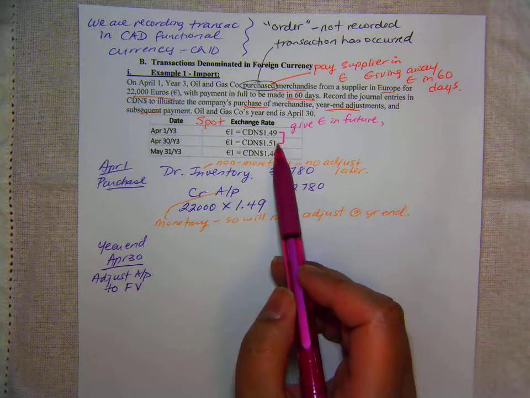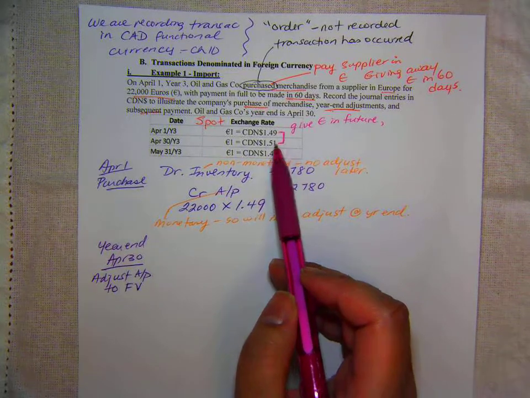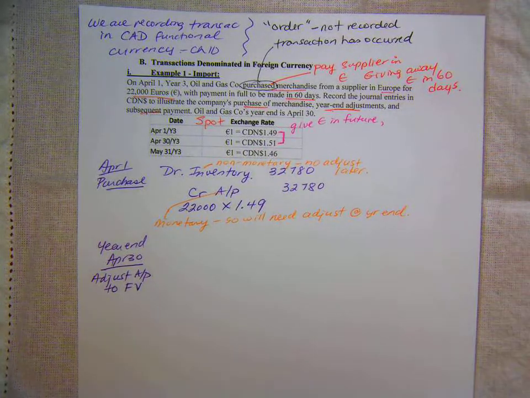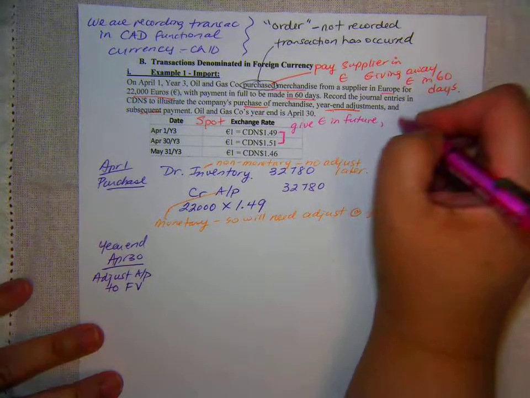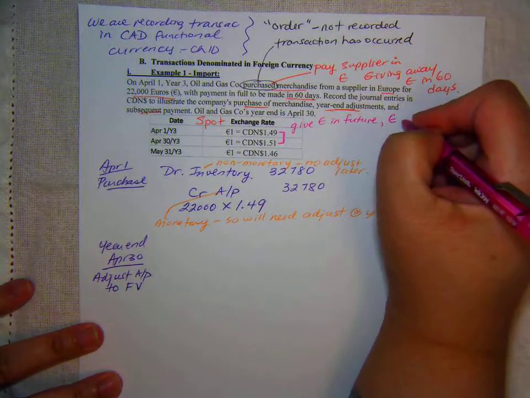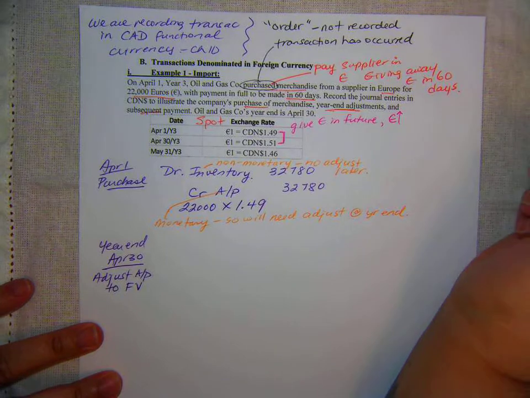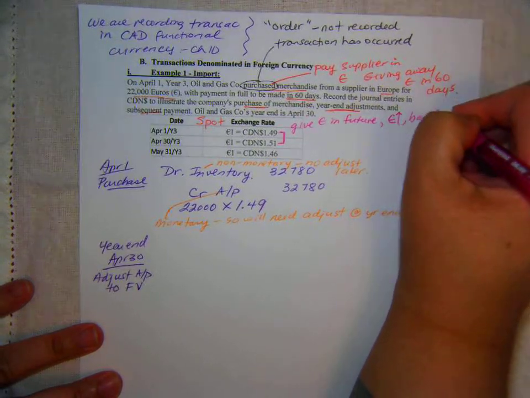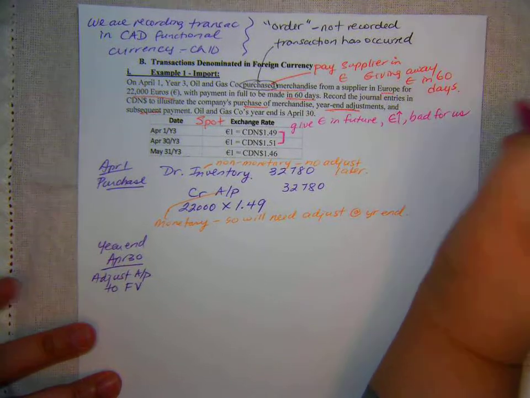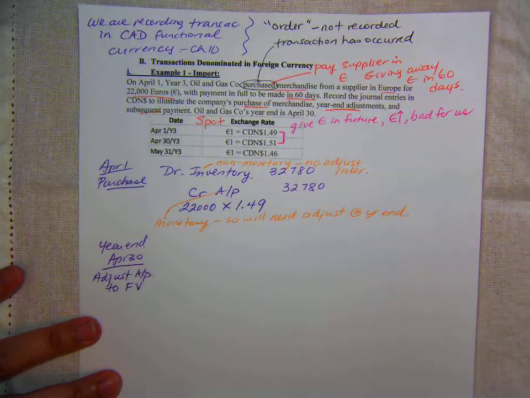Now that 1 pen is worth $1.51. But we have to give a bucket of pens away, and these pens just got more expensive. So the euro or pen increased, which is bad for us because we have to buy a wheelbarrow full of it to give to the other company.